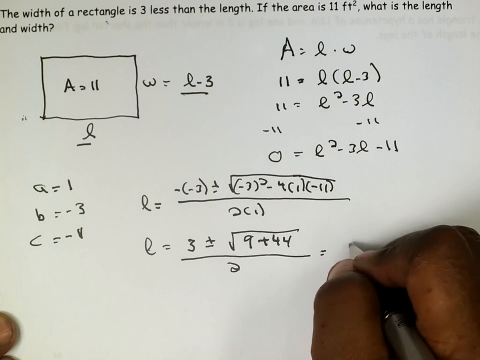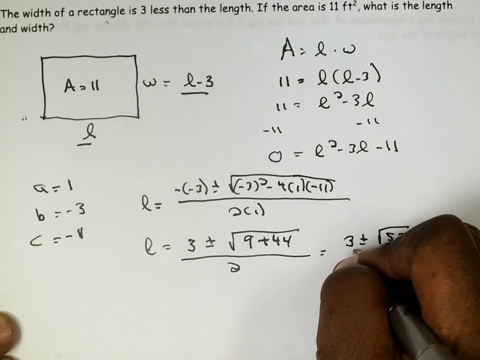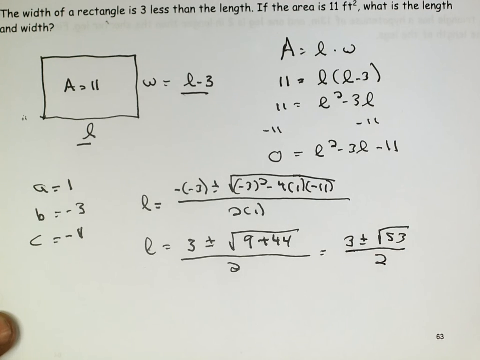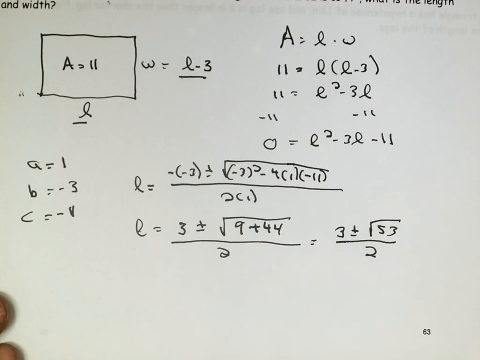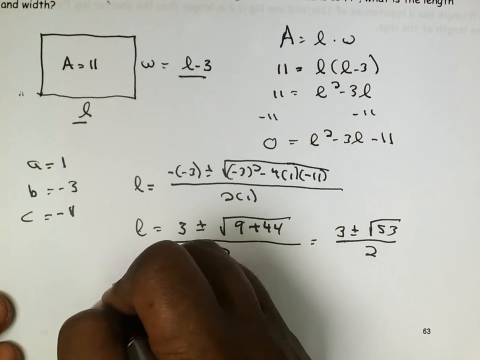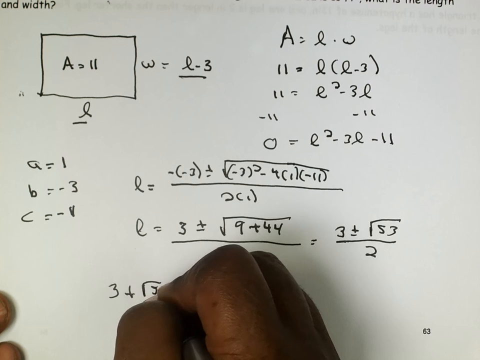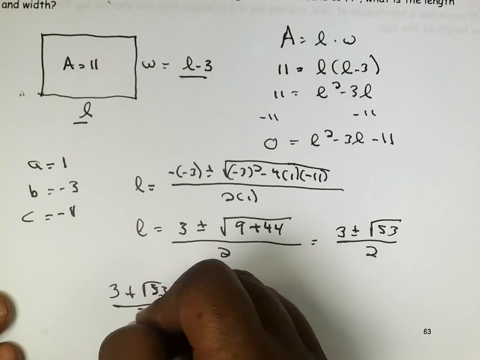So inside there, I get 53 when I add those together. And if I just leave it in radical form, I'm only going to be able to take the positive case because we're not allowed to have a negative. So I can't do the plus or minus. It would just be 3 plus the square root of 53 over 2.